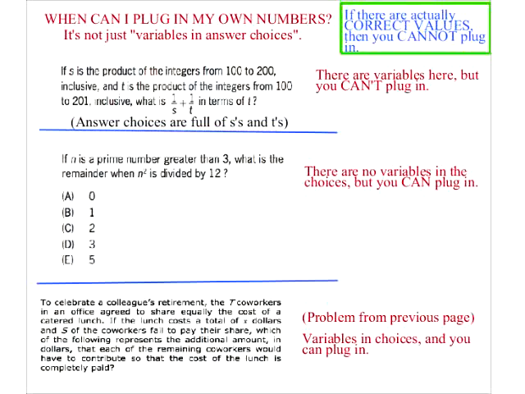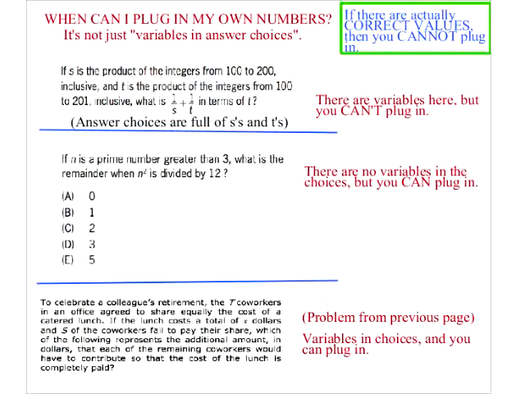But if there's anything undetermined, like if there's any values that don't exist or that can have whatever values that you want them to have, then you can. So if any unknowns are not determined, then you can plug in.